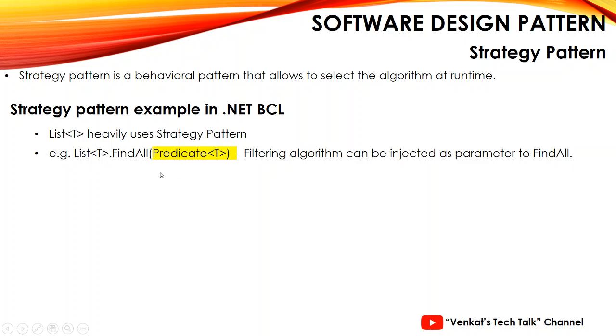This is an excellent example for understanding the strategy pattern. If we want to let an end user inject a logic, inject a strategy, then the strategy pattern can be used. An ideal example is all the LINQ methods in the C# List implementation.